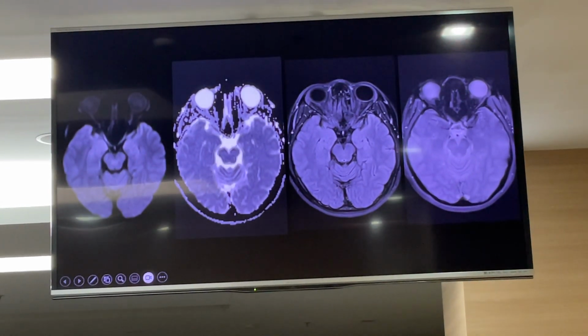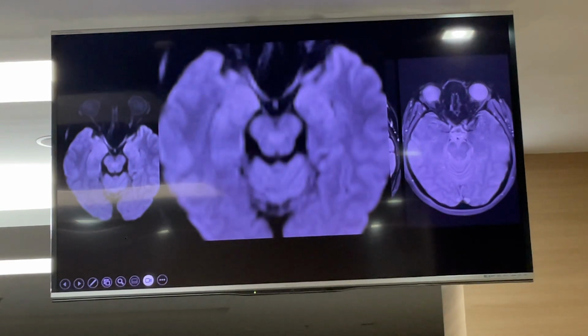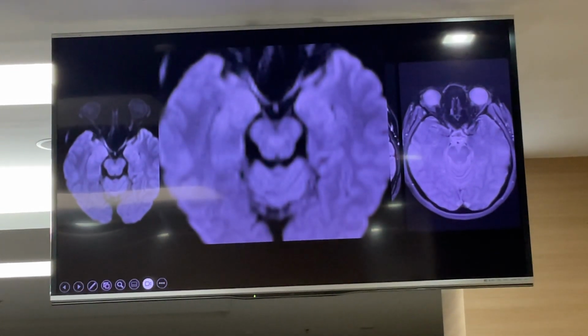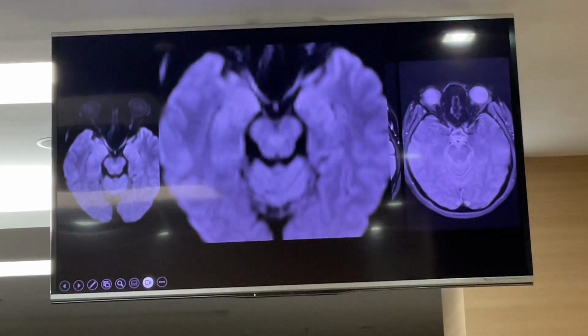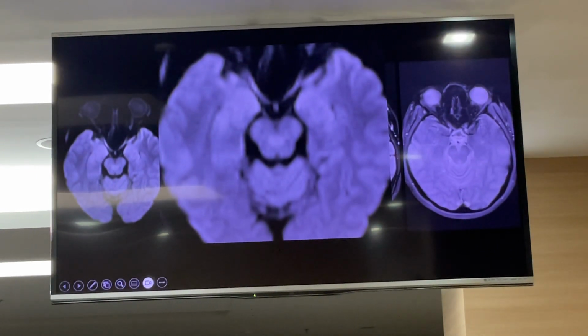Okay, you see the lesion here, but not on FLAIR, right? Just only on DWI, right? If you look at this closely, it's like a kind of punctate hyperintensity, but very subtle. So this is a lesion. Do you think this is a lesion?